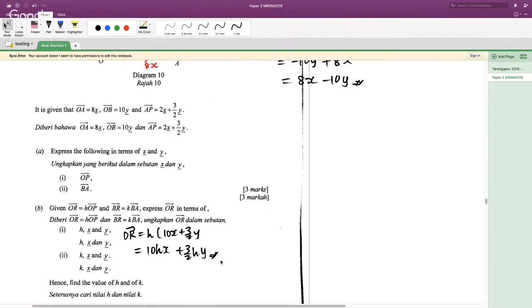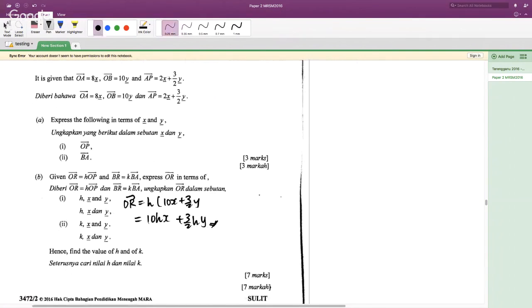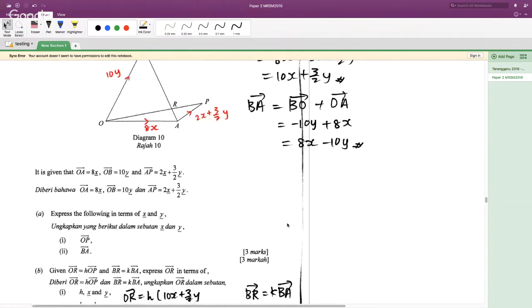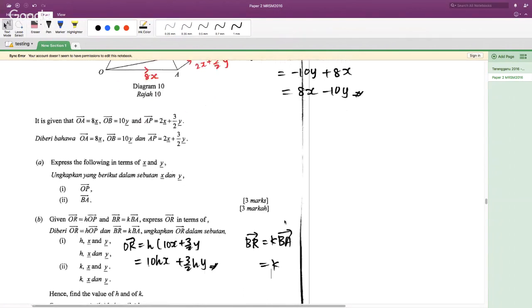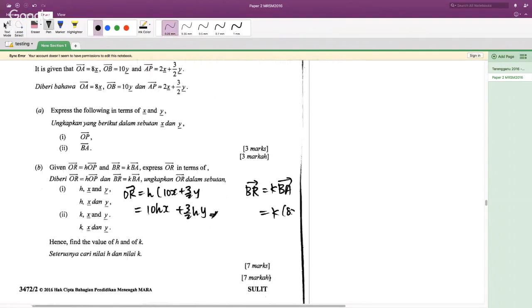Then the question says BR equals to k BA, and we have BA on the top as well: 8x minus 10y. So you just substitute the k into it: 8kx minus 10ky. Okay, done.